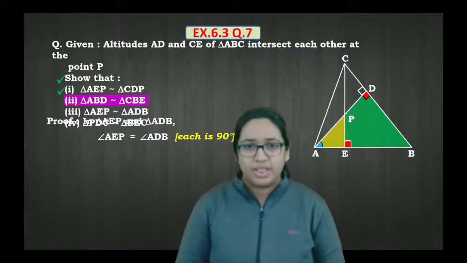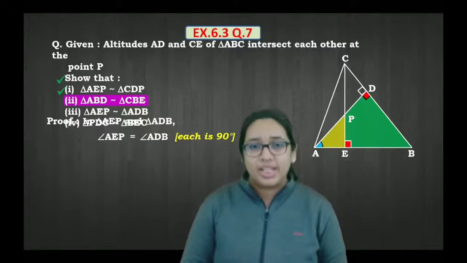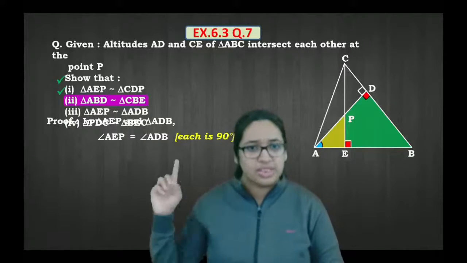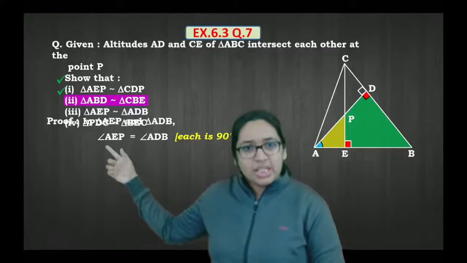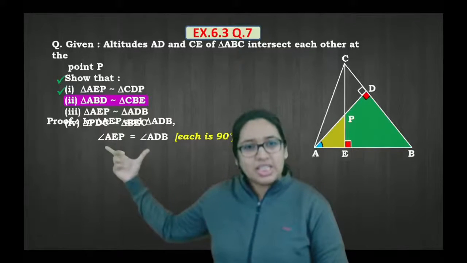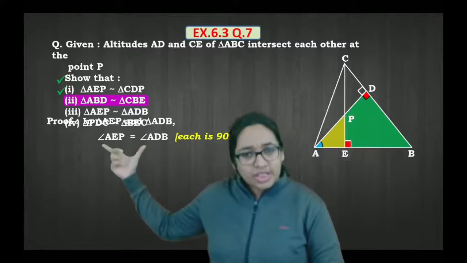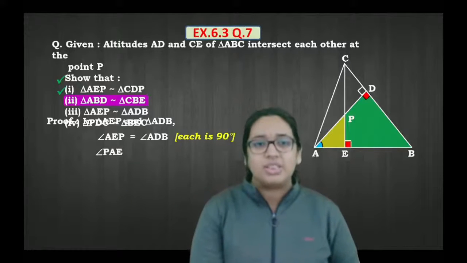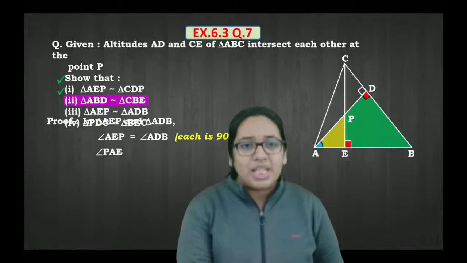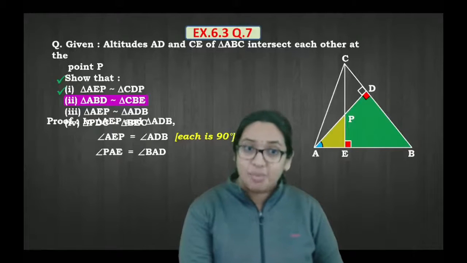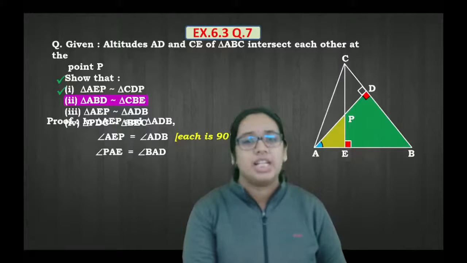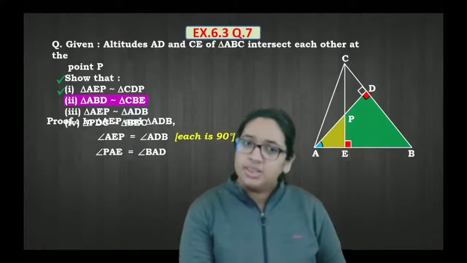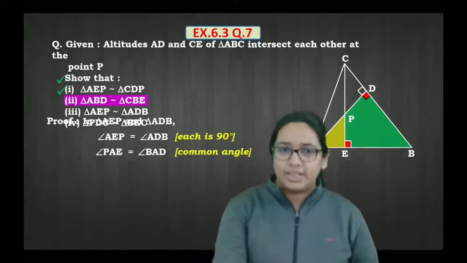So the first one is done. Now the second one, we can see vertex A. Are you able to see this one? Vertex A is common between these two triangles. If your vertex is the same, then obviously its angle will be the same. So on the second line, angle PAE is the same as angle BAD, because of the common angle.